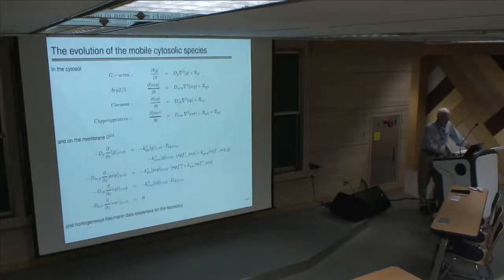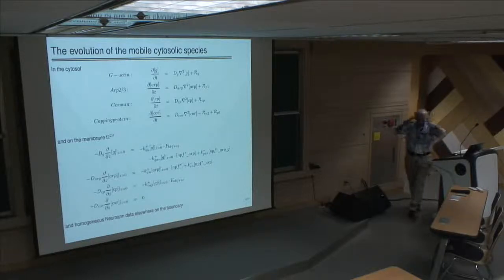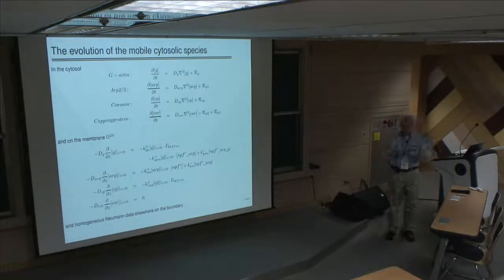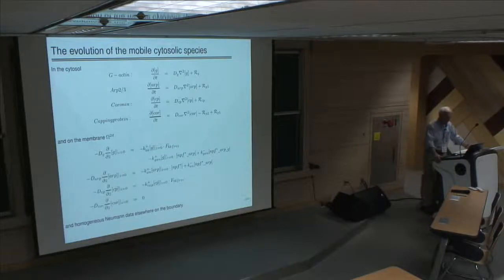But what it leads you to is a very large system of reaction diffusion equations, because you have material diffusing around in the cytoplasm, you have material attaching to the surface, you have material diffusing along the surface. So there's a variety of complicated interactions. And I'm not going to go through these.